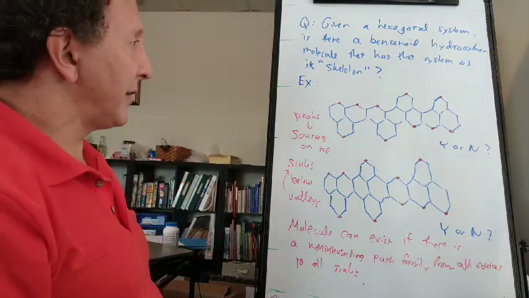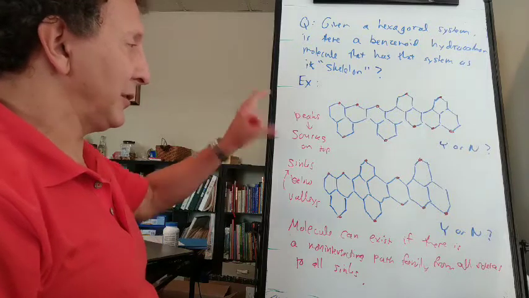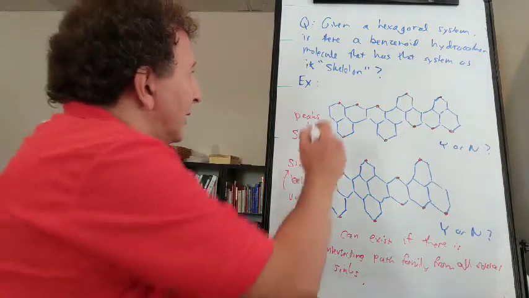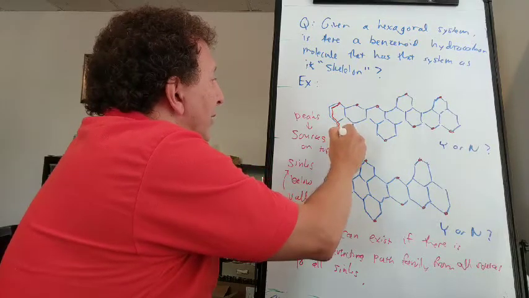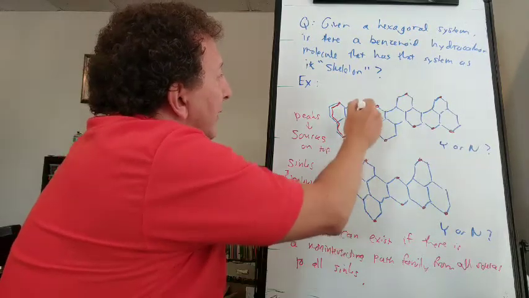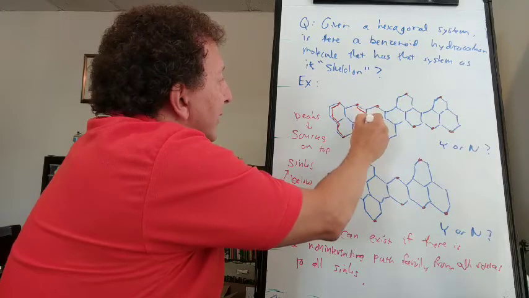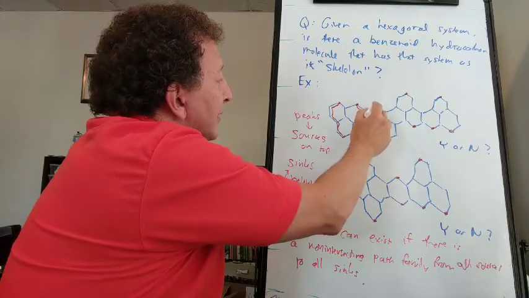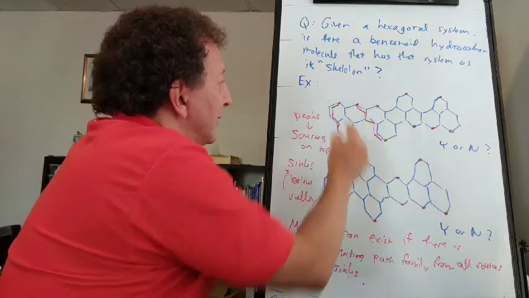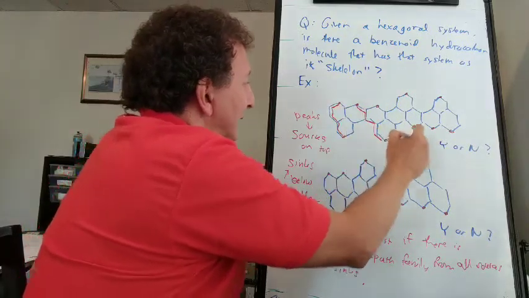Alright, so let's see if we can find non-intersecting path families for these hexagonal systems. So let's make one path go that way. And then from this vertex, I guess we have to go there. Oh, looks like this one's going to be stuck. I don't see how we can get, all the edges are oriented down.